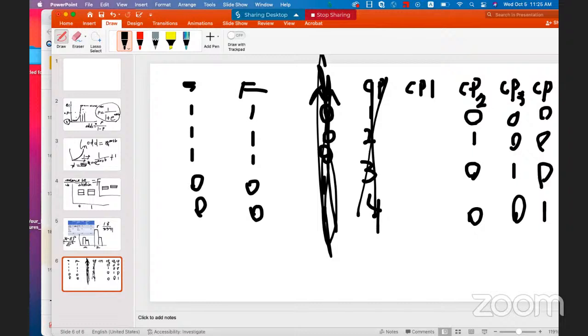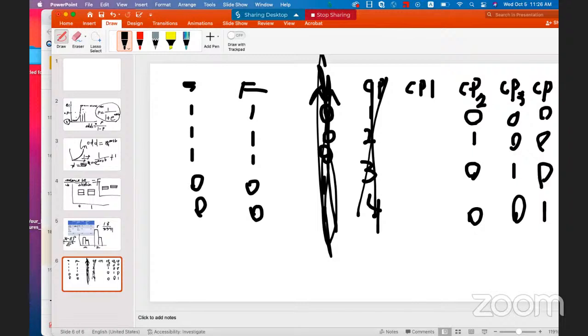This one, the CP value is 4, CP4. And this person, the value is CP3, right? And this one is the 1, so that means the value is 3.